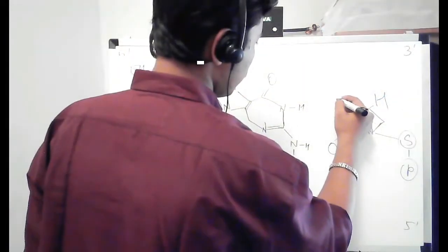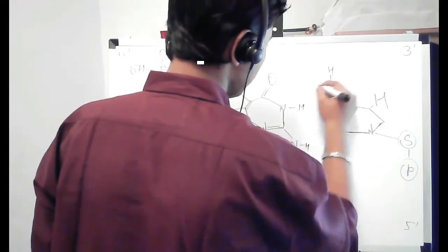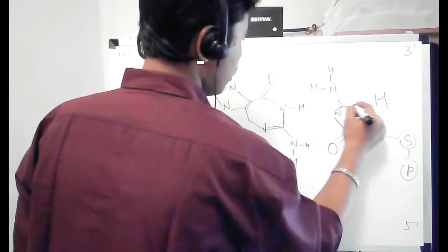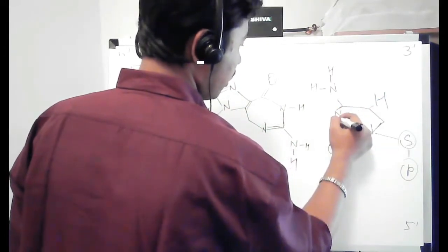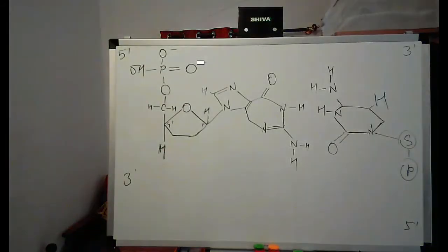Now over here there is one NH3, NH2, not 3, sorry, NH2. Since there are one and two arms of nitrogen taken, there will be one more arm, H.